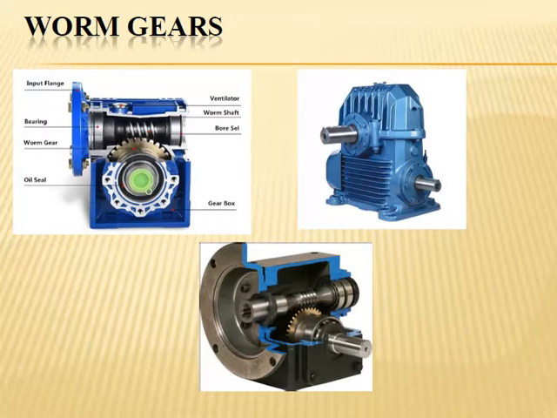The quantity of oil used is usually 4 to 6 liters per 1 kilowatt of power loss.